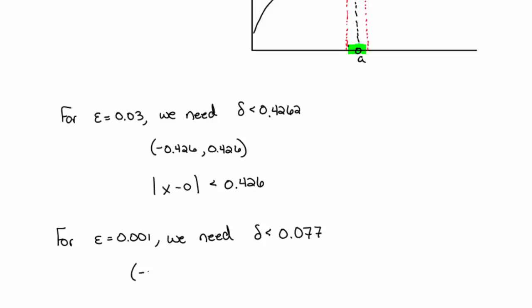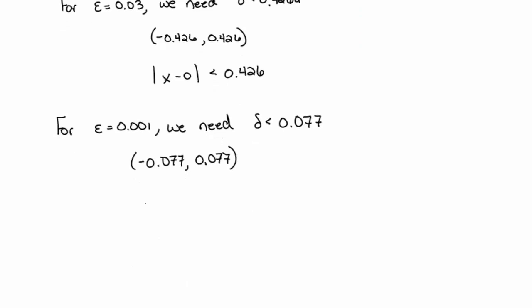So again, negative 0.077 to positive 0.077, or in other words, the distance between x and our center, 0, must be less than 0.077. And I should, just to be clear, state that we cannot actually let x be 0.